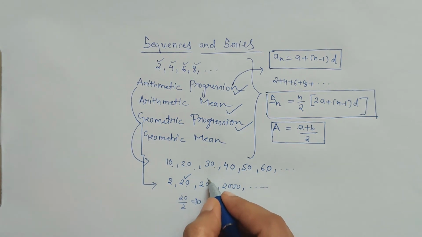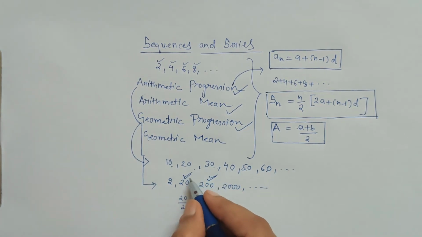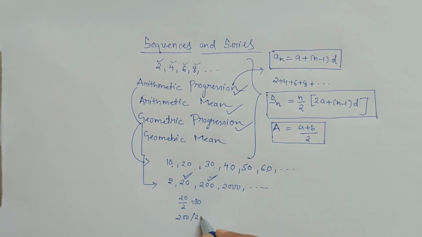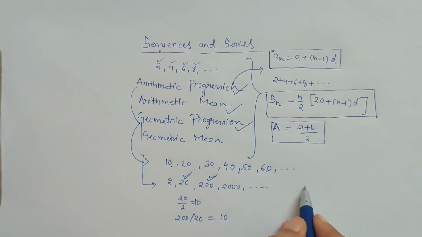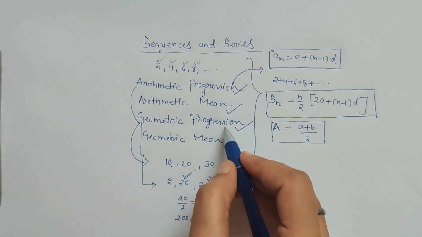Similarly, 200 upon 20 again gives 10. Likewise, wherever the term is, if it is divided by its preceding term, the ratio comes out to be the same number. Such a sequence is called a geometric progression.